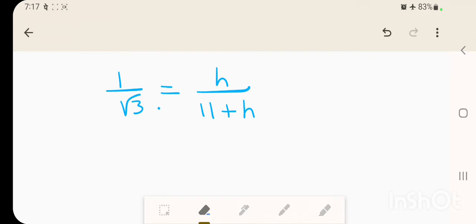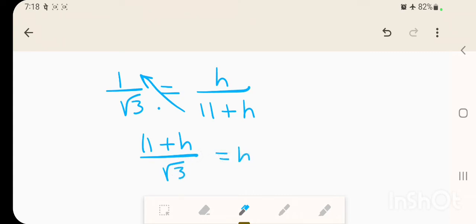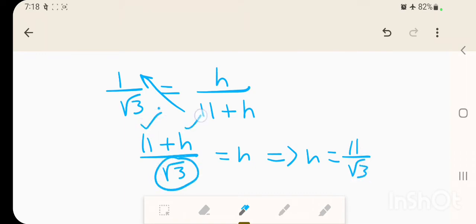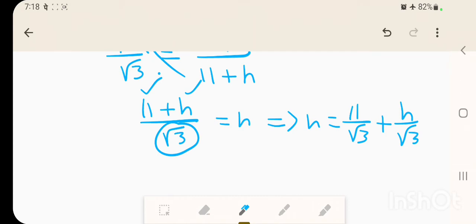So we take 11 plus H on the left hand side, and root 3 is already there, is equal to H. Now we can write it as H is equal to 11 by root 3 plus H by root 3, writing root 3 separately for 11 as well as H. Our aim here is to find H. So now we can bring this H by root 3 to the left hand side.